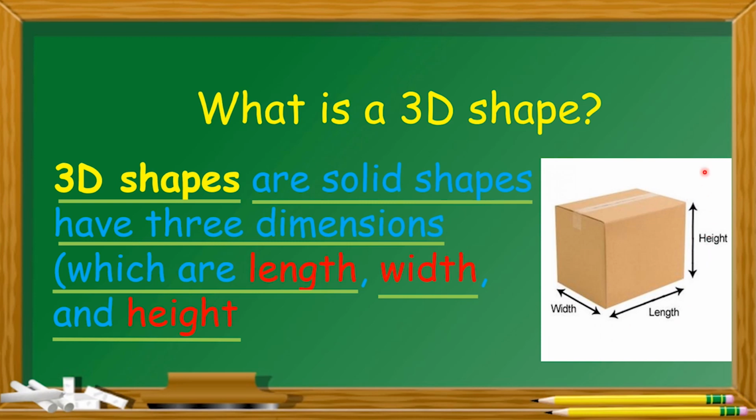So this is a 3D shape. It is a box, a 3D shape. Okay, so remember this one. A 3D shape has length, width, and height. Let's continue.